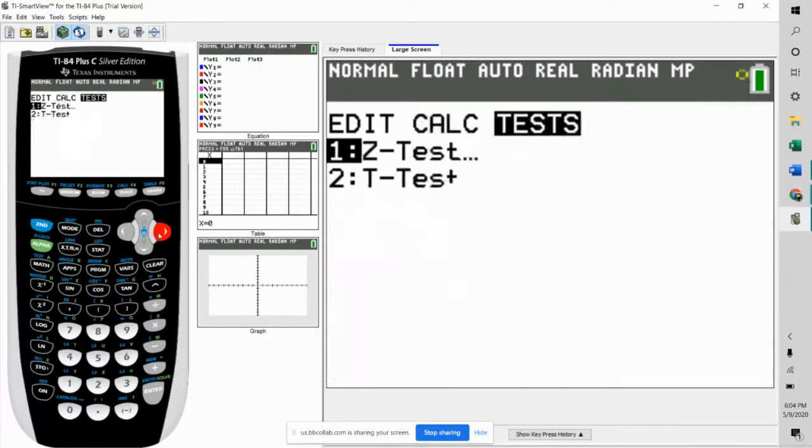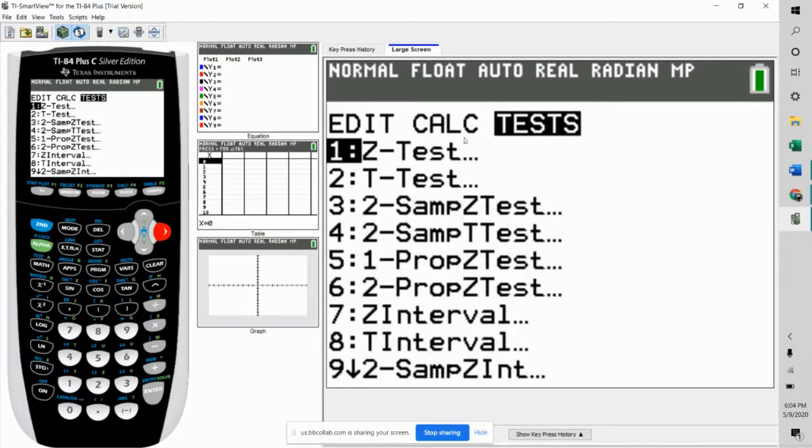The next thing this does is tests. It'll do a Z test, a T test, 2-sample test, proportions, confidence intervals, and there's more as you go down. The main thing you want to remember for Z and T tests, it is not just sample size.